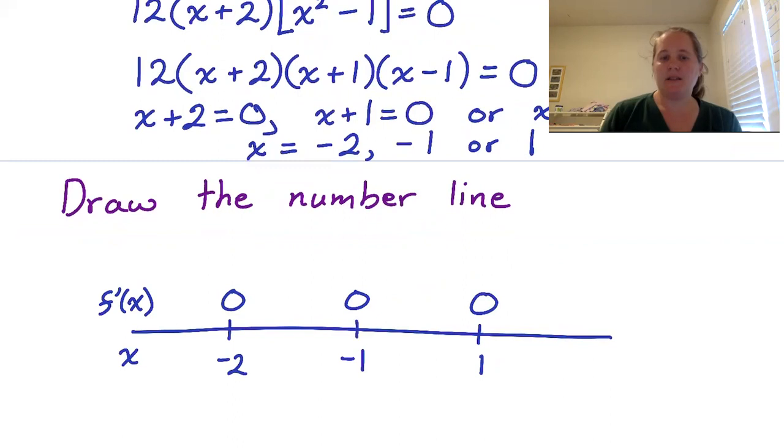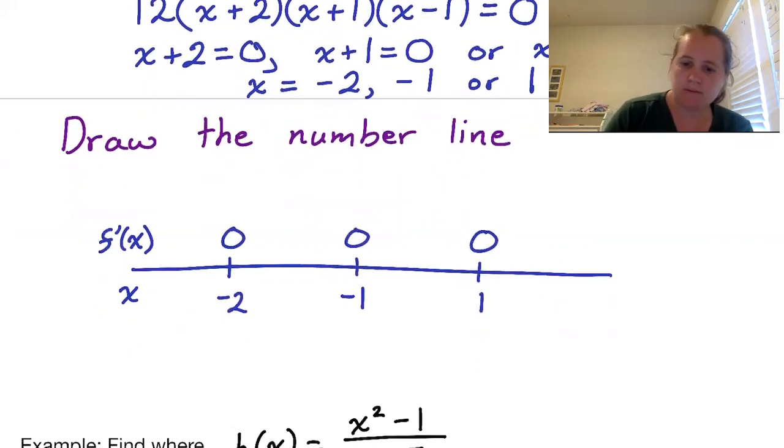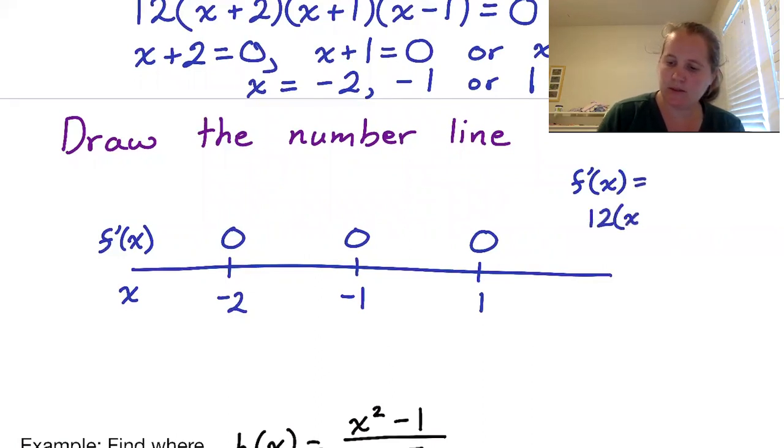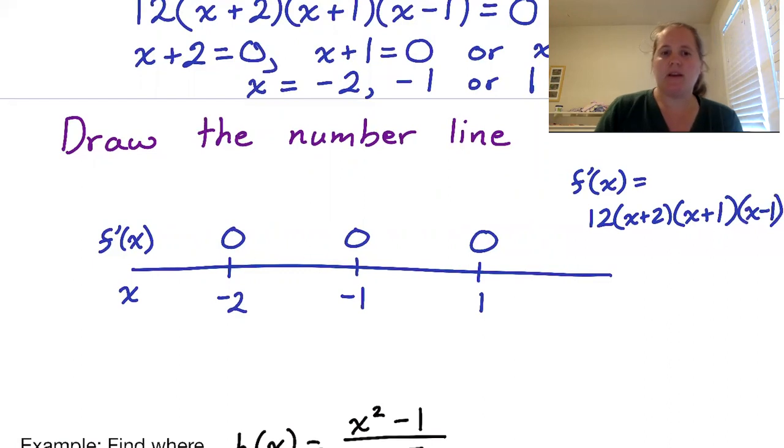Now, for the test points, I'm going to remind myself that f prime of x was equal to 12 times x plus 2 times x plus 1 times x minus 1. I'm not even going to pick a specific value at first.